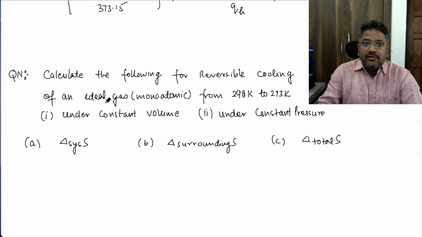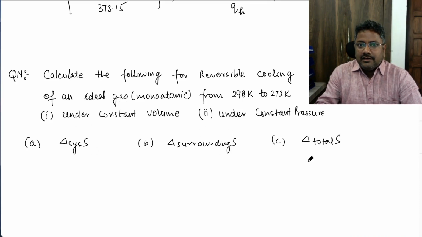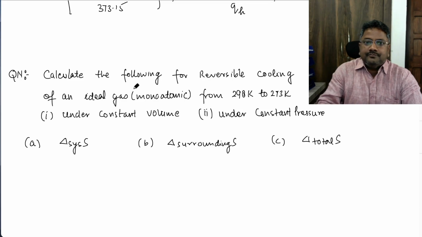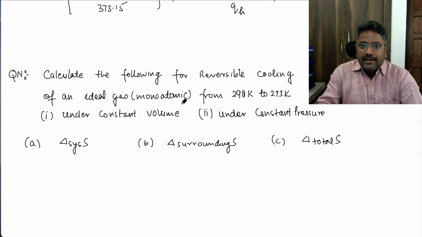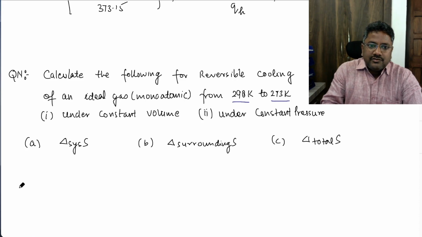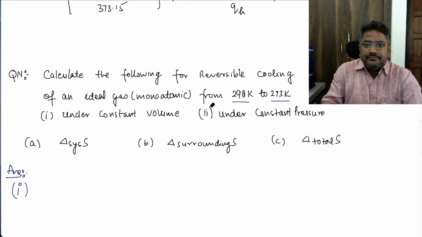Calculate the following: delta S system, delta S surrounding, and delta S total for reversible cooling of a monoatomic ideal gas from 298 Kelvin to 273 Kelvin under constant volume. So see, I am taking the first part, constant volume.